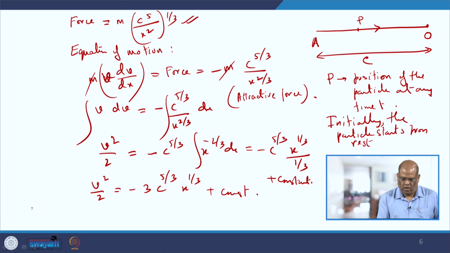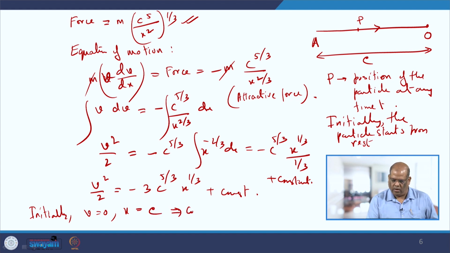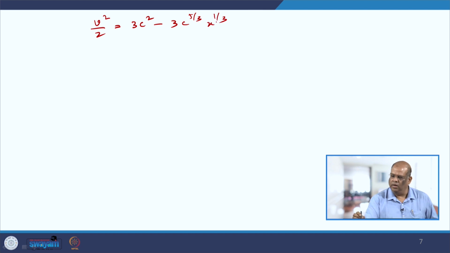Therefore, initial condition: initially v equal to 0, x is equal to c, which will imply the constant is equal to 3 c to the power 5 by 3 into c to the power 1/3, so 3 c square. So, you substitute back, you get v square by 2 equal to 3 c square minus 3 c to the power 5 by 3 x to the power 1/3.